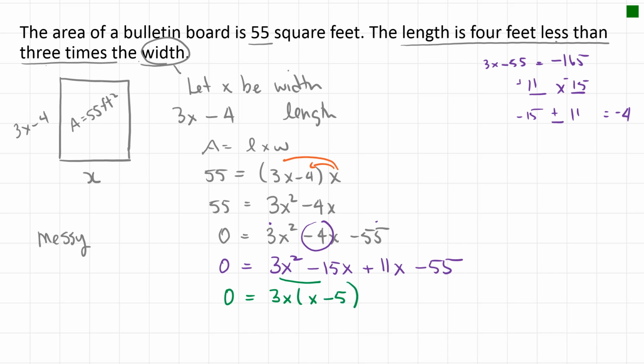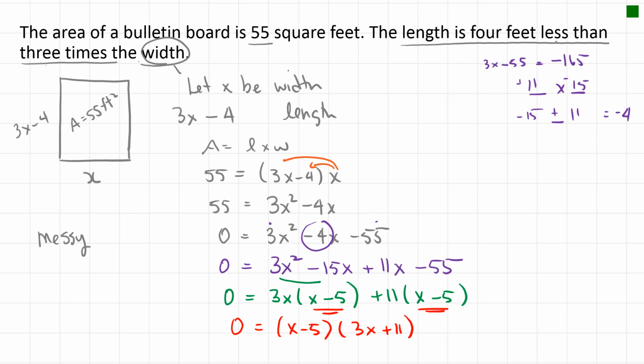And in the second grouping, I'm going to factor out a positive 11. And again, I'm left with x minus 5. That's great news because these are the same, which means I've done my work correctly. And I'm going to combine these. The x minus 5 is common, and 3x plus 11 is the second factor.